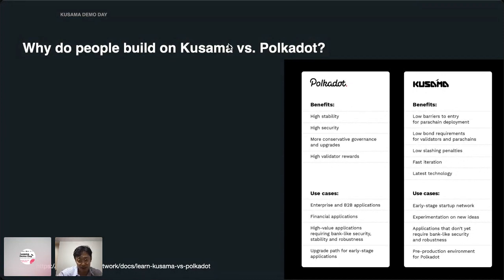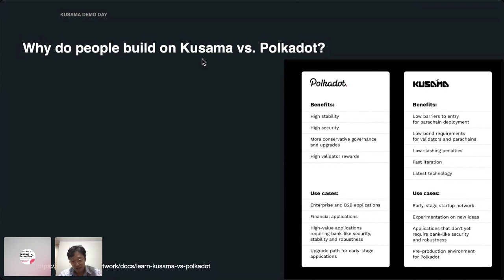Instead of financial applications that require high security, we're going to see maybe retail-focused financial applications that don't require bank-like security, but maybe give each user a small amount of finance instead of dealing with large numbers.